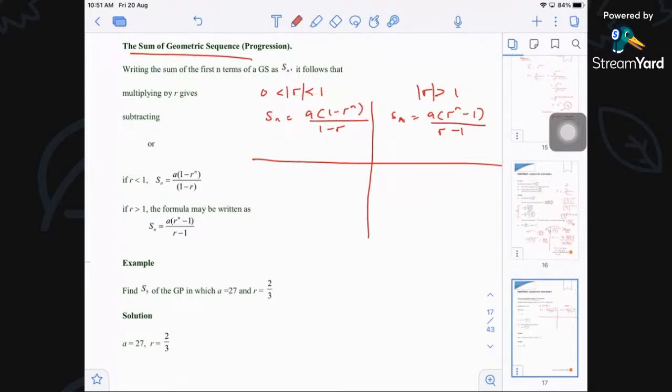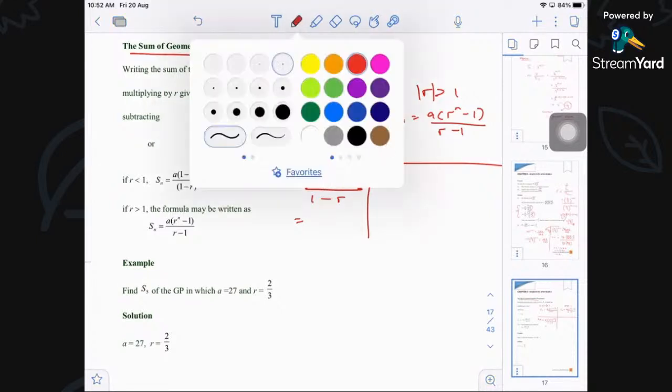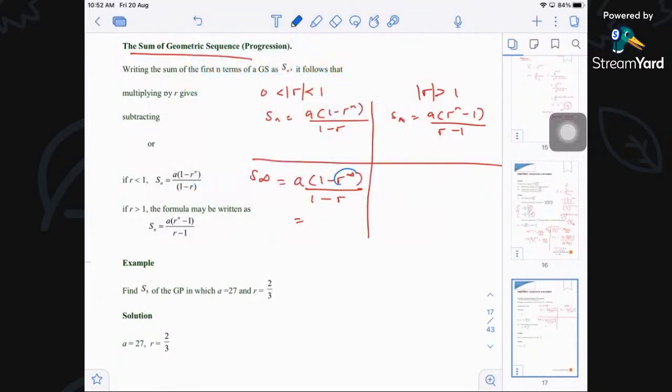Now, and then we got something which we call as S infinity. What happened at S infinity here? This becomes a times 1 minus r power of infinity over 1 minus r. Now, r power of infinity over here will become 0. So this part here will become 0. Don't believe, you press 2 over 3 power of 1000 or 10,000. I'm very sure in the calculator you're going to get approximately 0.